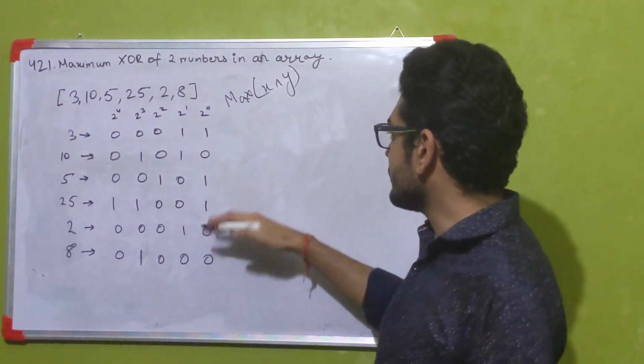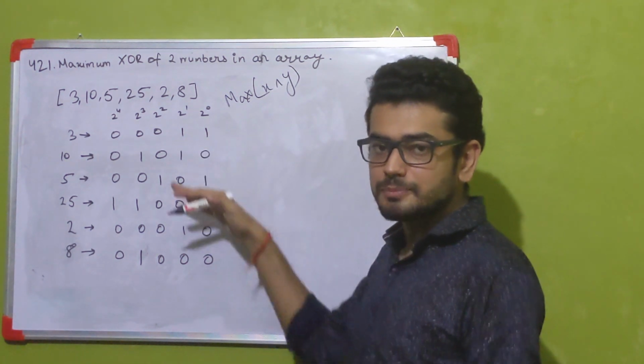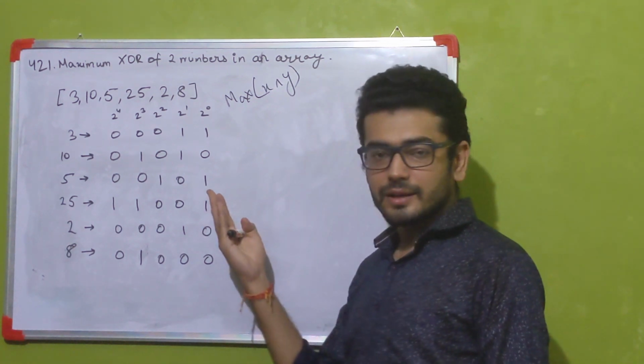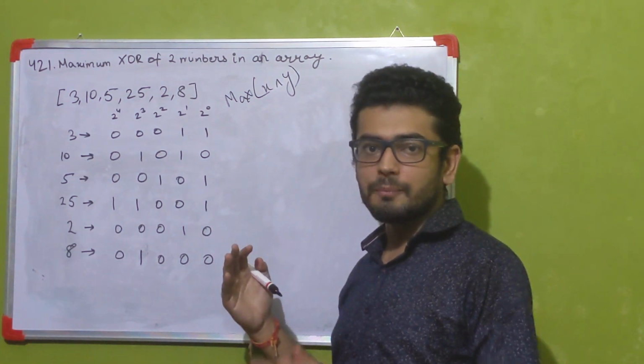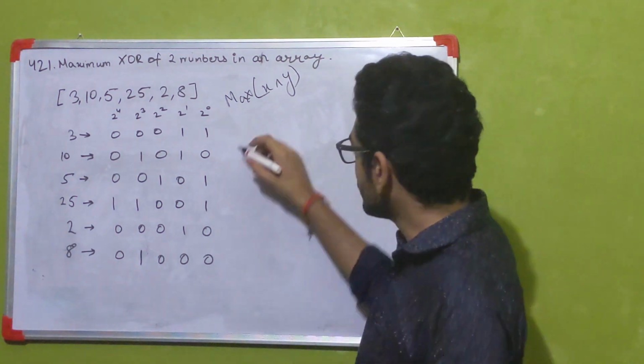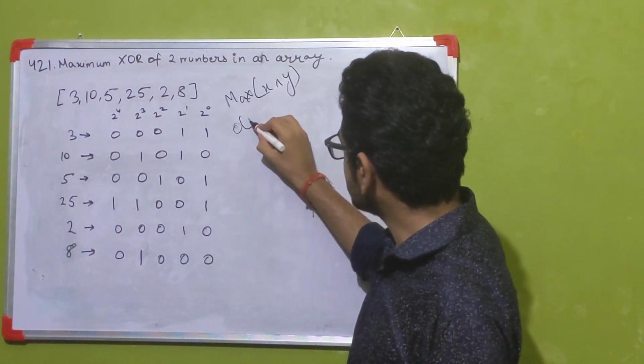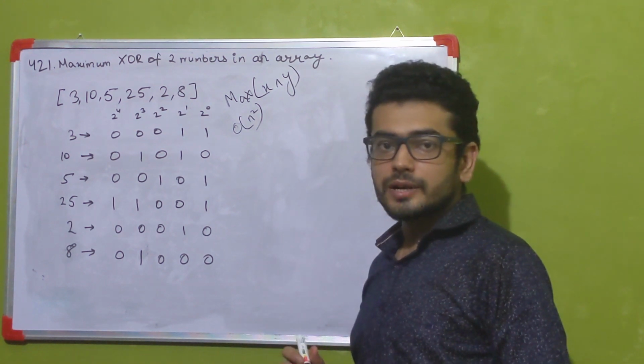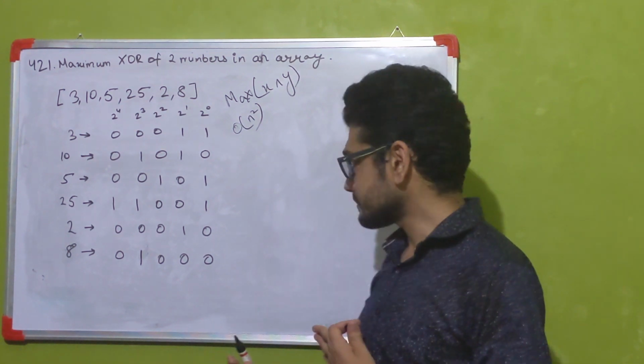In this way we find the maximum over all pairs and that would be our answer. But since we are using two nested for loops, the time complexity would be O of n square, which is not very good. So let's see how we can do better.